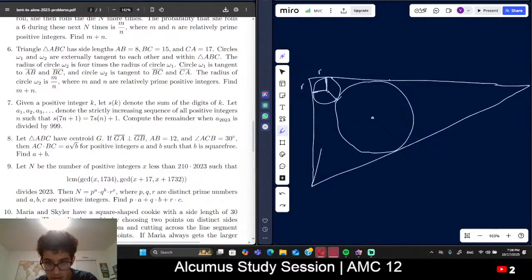So, okay, this goes here. The point that this is tangent to this circle does not have to be this point, does it? It can be right here. Well, no, I mean, it kind of, let's see. I'm getting that point.